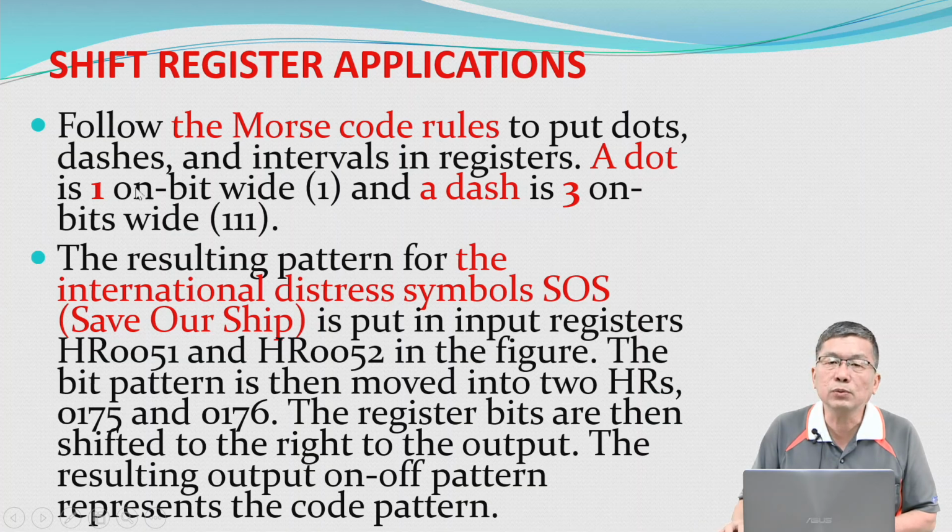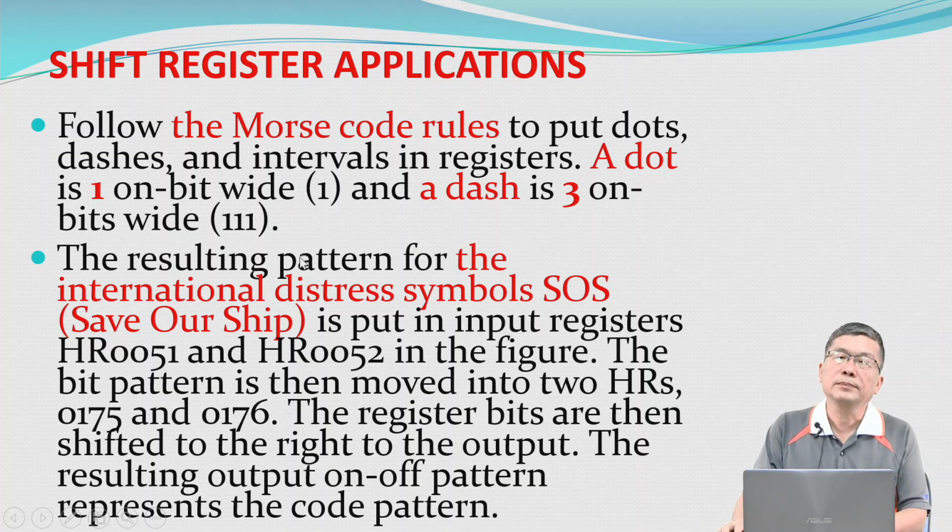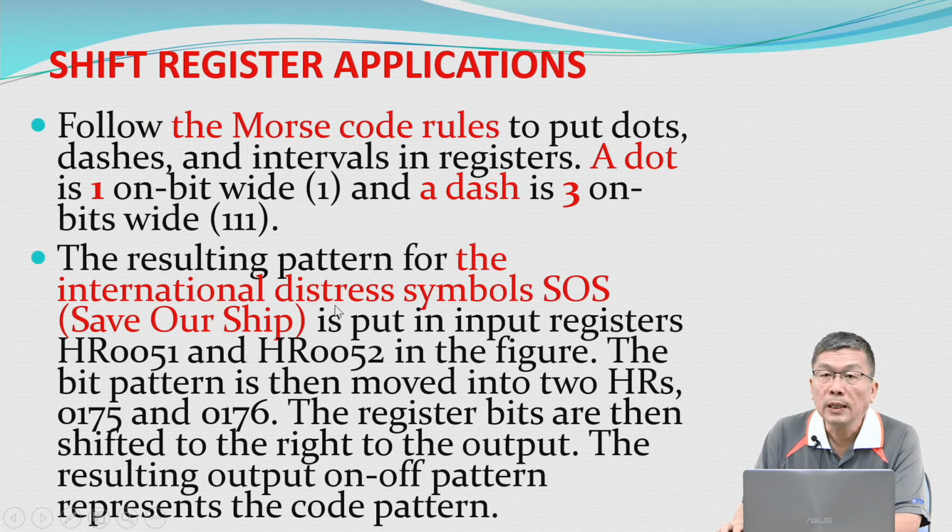A dot is 1 bit wide, and a dash is 3 bits wide. The resulting pattern for the international distress symbol SOS, save our ship, is put in input register 51 and the holding register 52 in the figure.